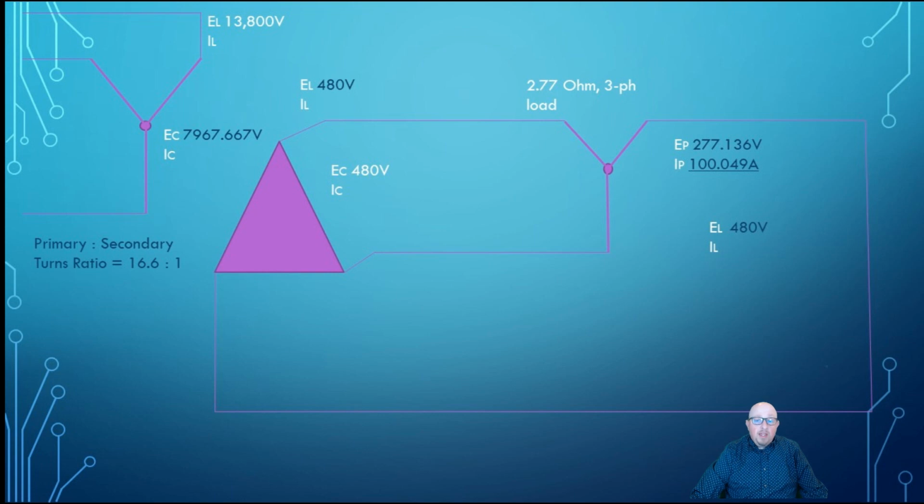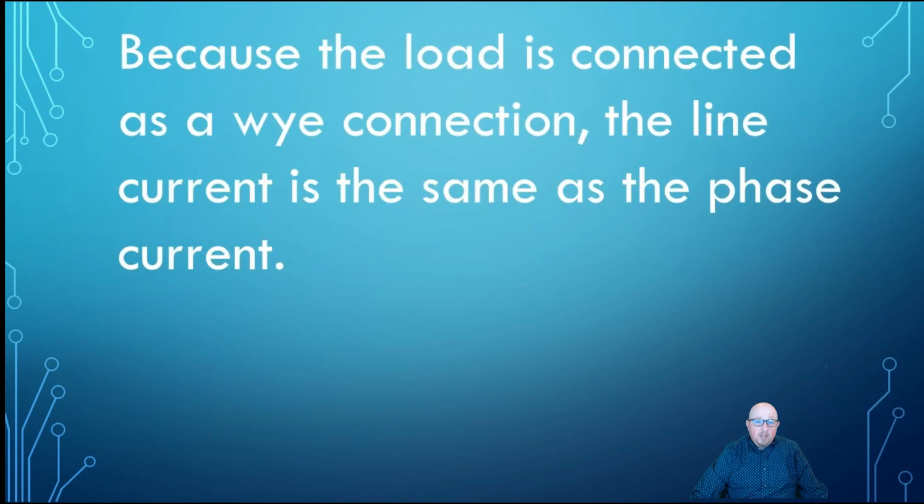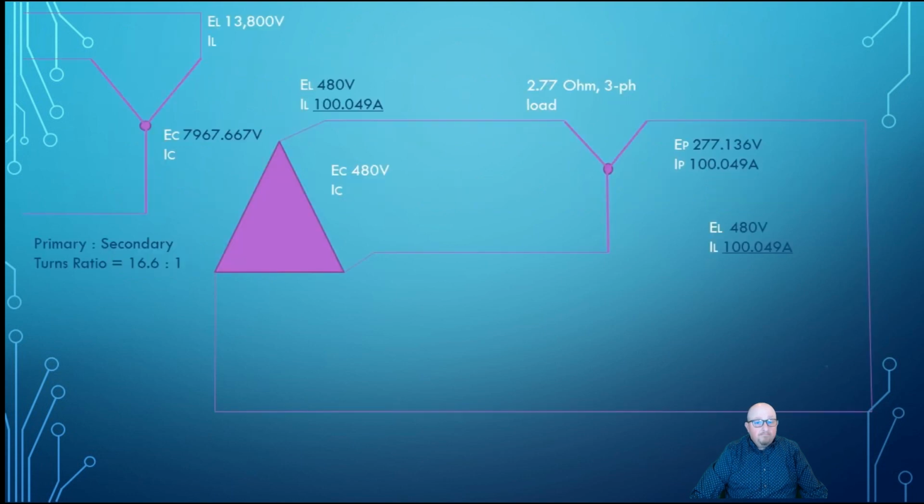So now we have the amperage as well. Because the load is connected as a Y connection, the line current is the same as the phase current. Look at that. Power in is the same as power out, 100.049 amps.